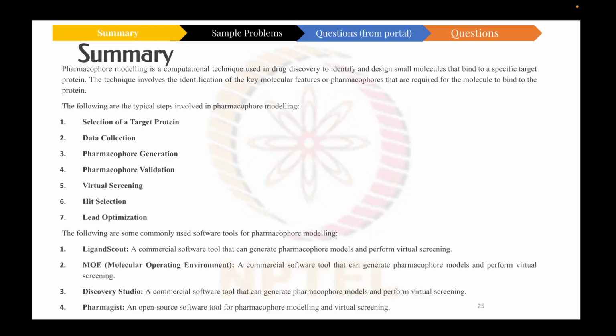The compounds are evaluated based on their ability to fit the pharmacophore model and their predicted binding affinities to the target protein. The compounds with the highest predicted binding affinity are selected as potential hits. These compounds can then be further analyzed using other computational and experimental techniques to identify the most promising drug candidates.